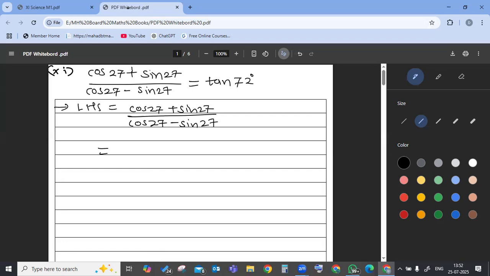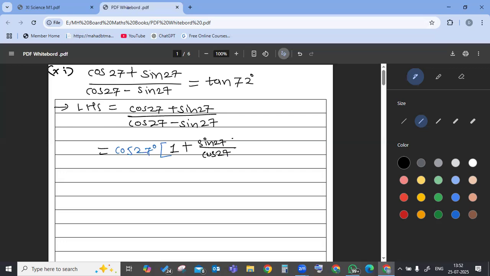Right, now take cos 27 common from the numerator. Then in the bracket what will remain? Here cos 27, this thing is taken common, 1 plus sin 27 divided by cos 27.